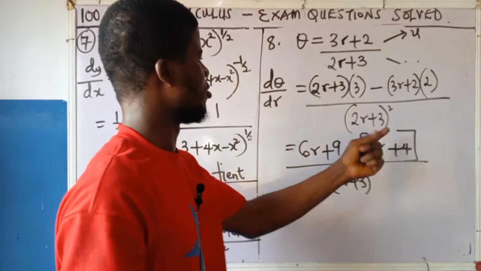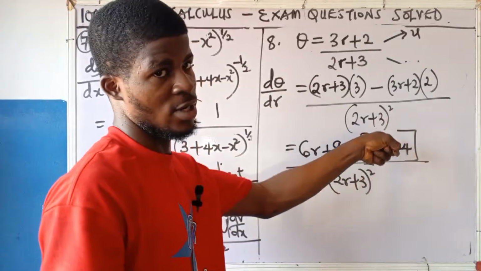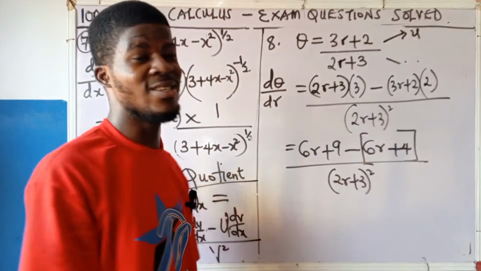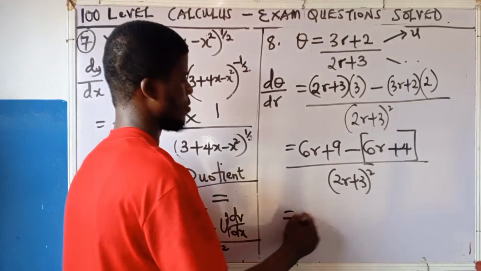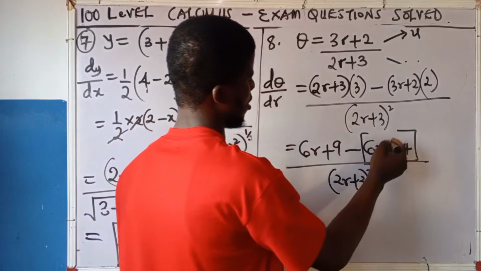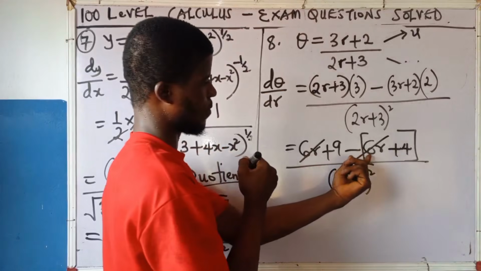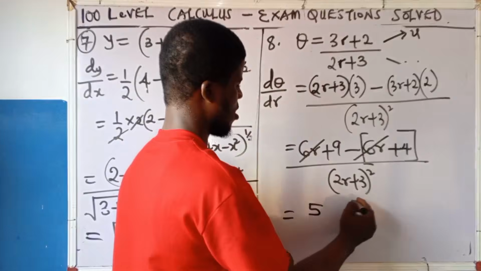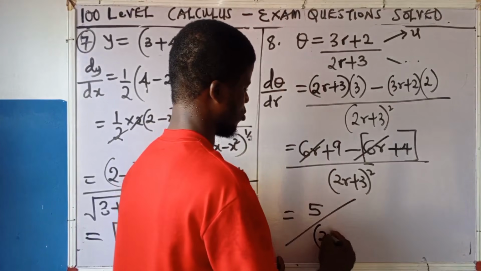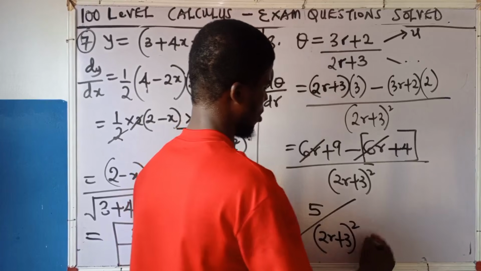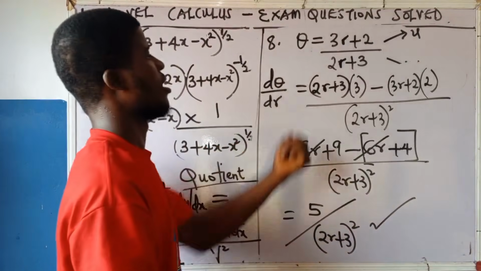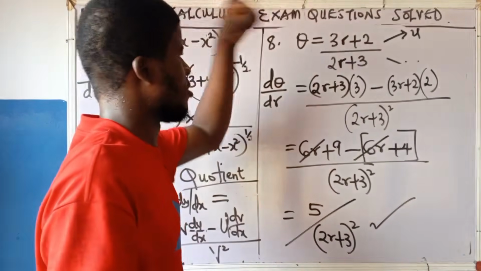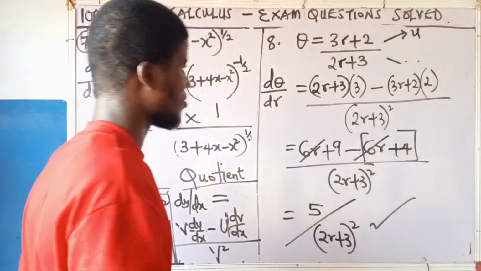There is no need to expand this one under, because we don't need the expansion. 6 arrow will take away 6 arrow because of the minus here. Then this is 9 minus 4, and that gives me 5 all over 2 arrow plus 3 all squared. That is the d theta/d arrow of this particular function we have.